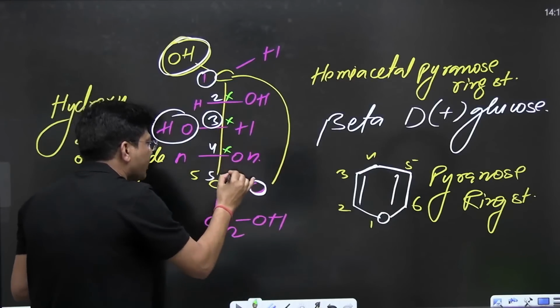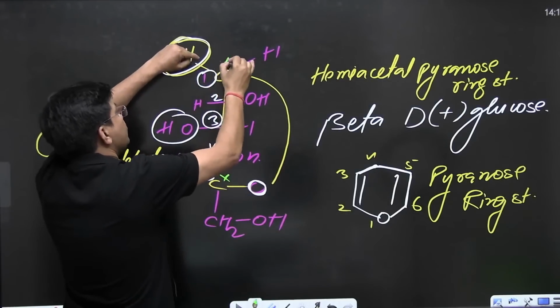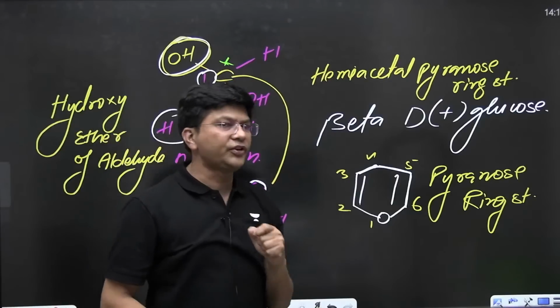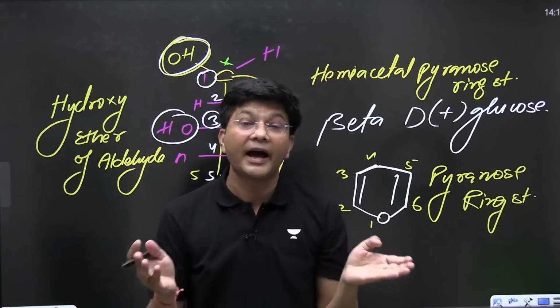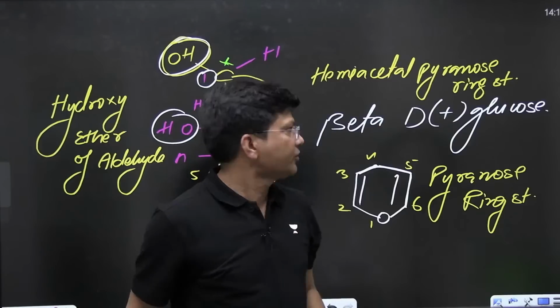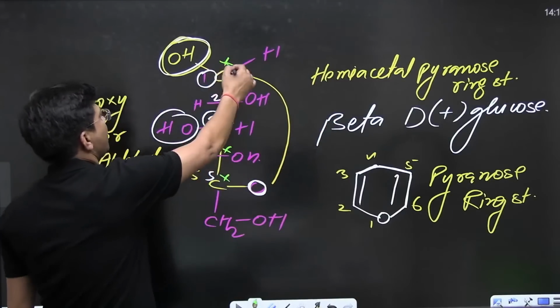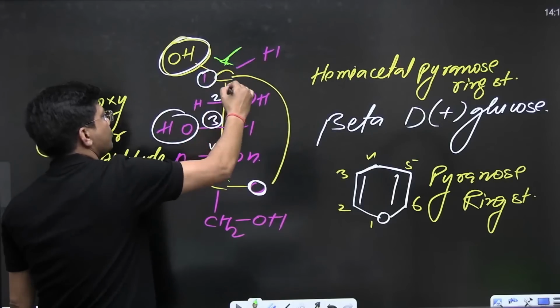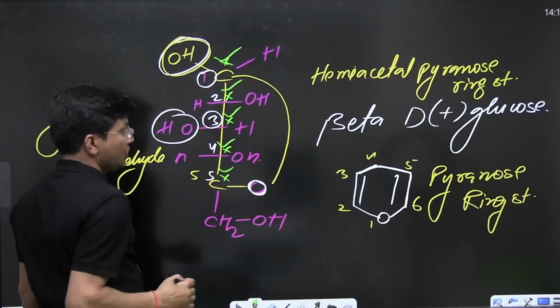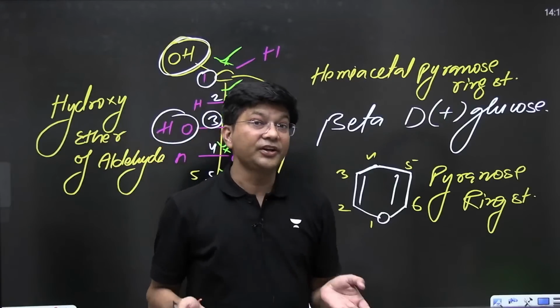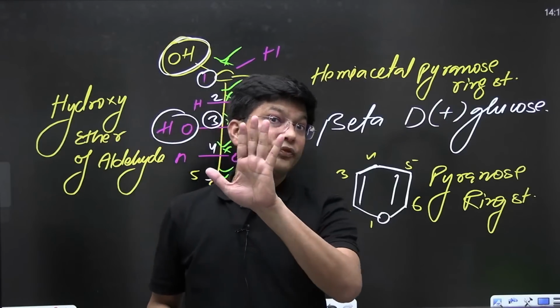Now, this carbon is also chiral, because in the open chain structure this carbon was not a chiral carbon, but in the closed chain, hemiacetal pyranose ring structure, this is 1 more chiral carbon. So 1, 2, 3, 4, 5. In the ring structure of glucose, we have a total of 5 chiral carbons.